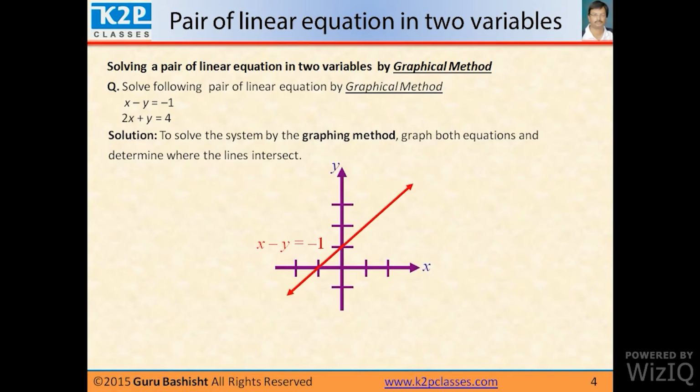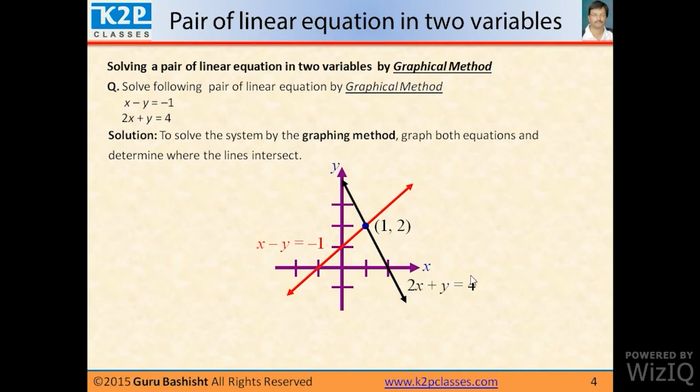Both straight lines cut each other at the point (1, 2). So (1, 2) is the solution of both these linear equations, and this is a unique solution. The system is consistent since it has a solution.